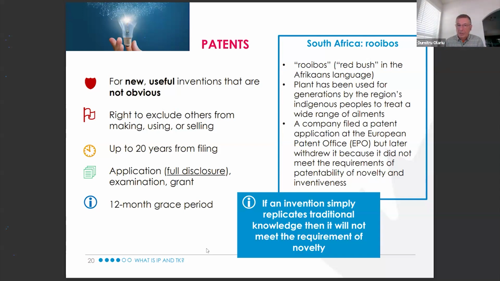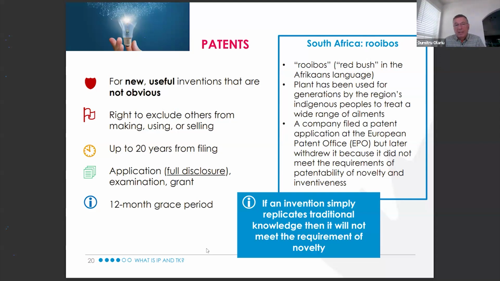Once you apply, you have to submit full disclosure of your invention in the patent application. Once the patent is granted, the protection lasts for 20 years and consists in your exclusive right to stop others from making, using, or selling what you claim as your invention.